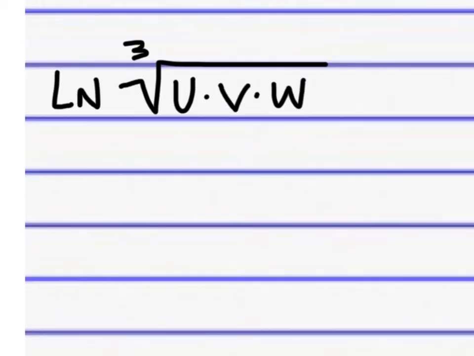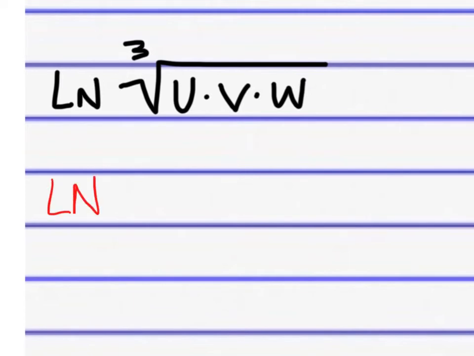Okay, in this case you have log natural of the cube root of u, v, w. Do not let cube roots, square roots, and any other kind of root cause you confusion. If you know how to rewrite a root, then it just becomes very simple. Instead of log natural cube root of UVW, why don't we do this?